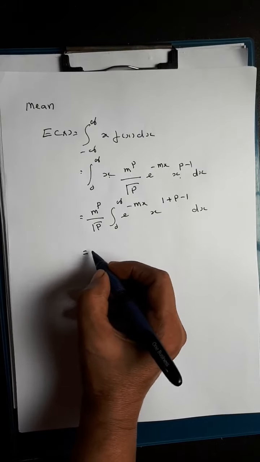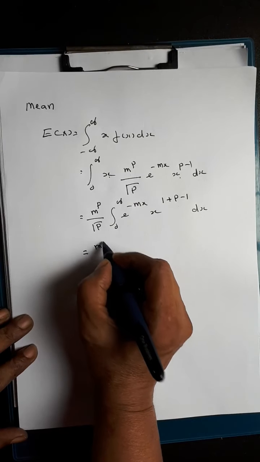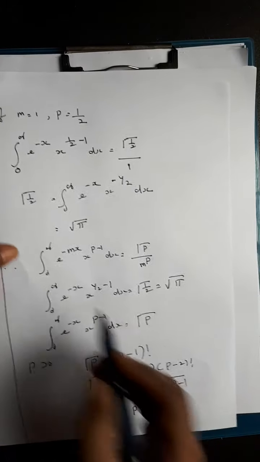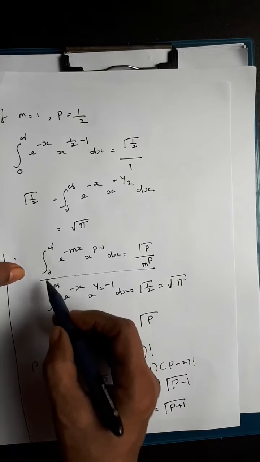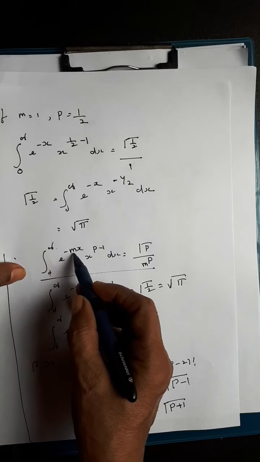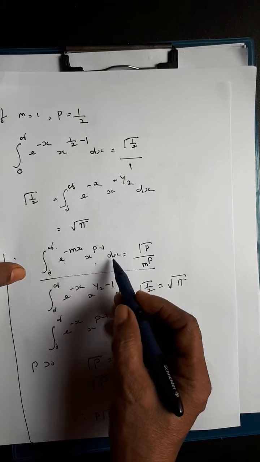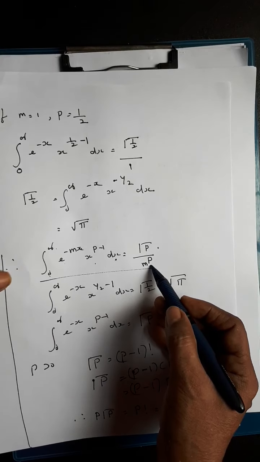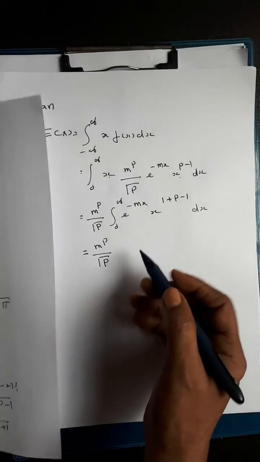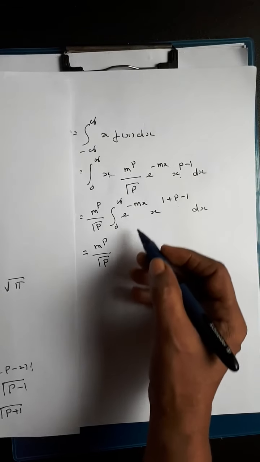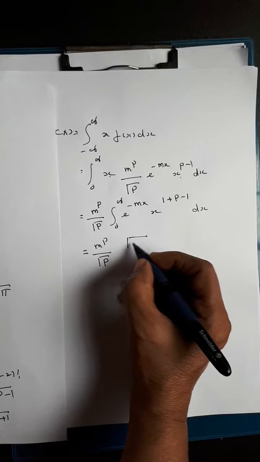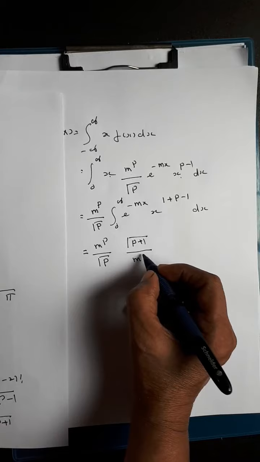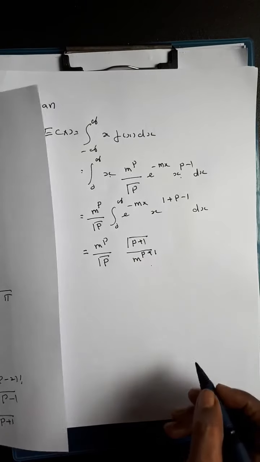dx, which is equal to m raised to p divided by gamma p. From this expression we know that integral 0 to infinity e raised to minus mx x raised to p minus 1 dx is gamma p divided by m raised to p. So from this one we can write this as gamma p plus 1 divided by m raised to p plus 1.